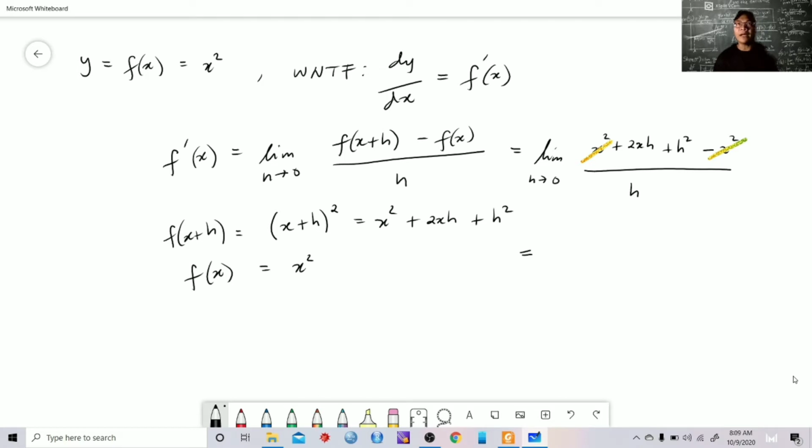Now applying factoring on the numerator, we get h times 2x plus h all over h. By that, we can cancel out h.